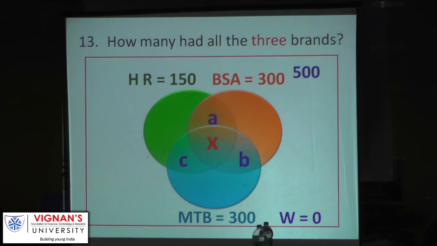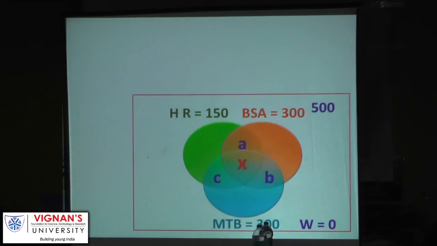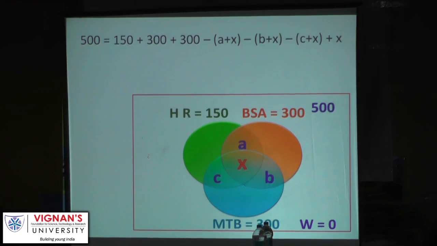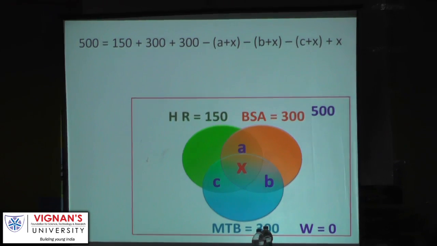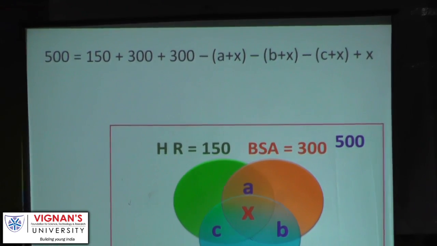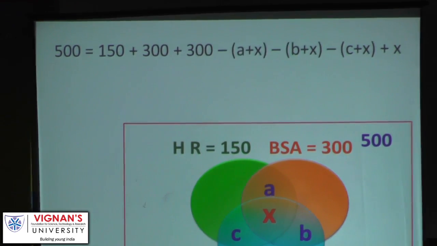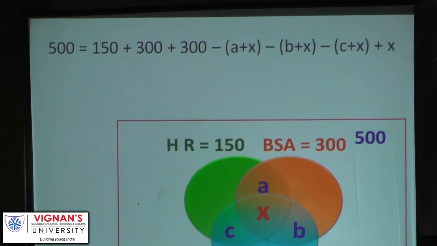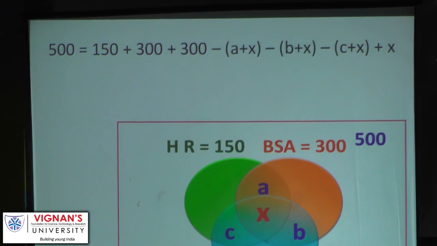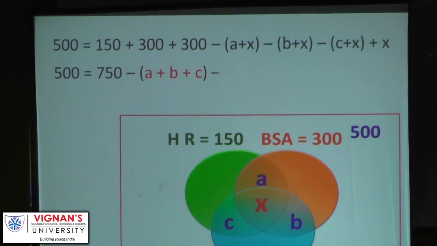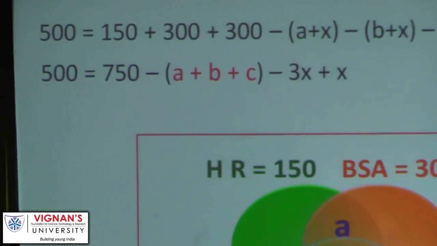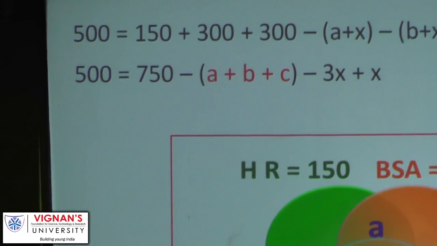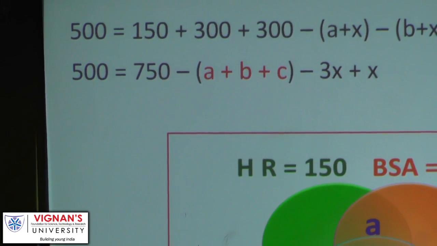Now we know the basic formula. N of A union B union C, which is 500, equals N of A plus N of B plus N of C minus A plus X minus B plus X minus C plus X plus X. From this, I am grouping it like this. Can I write it like this? What is A plus B plus C?